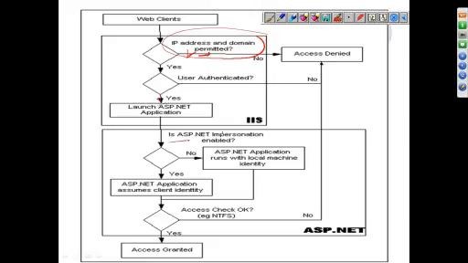Then in the ASP.NET application, if impersonation is enabled, ASP.NET will assume some default identity, which is IUSR, or you can change the setting. By default, ASP.NET assumes IUSR. And if it is not enabled, then it will use the local machine's identity.